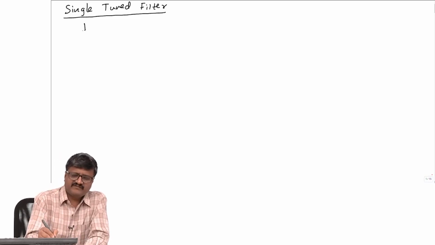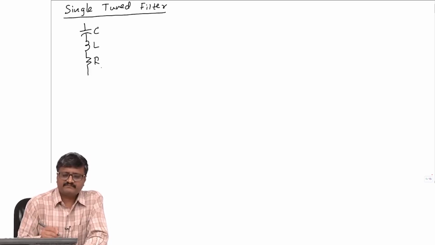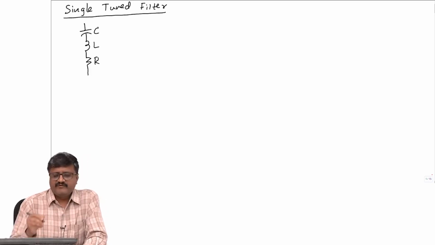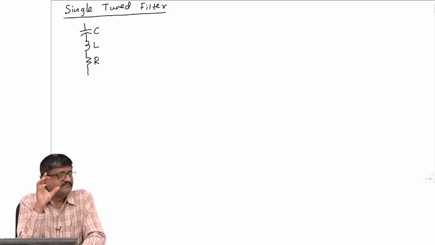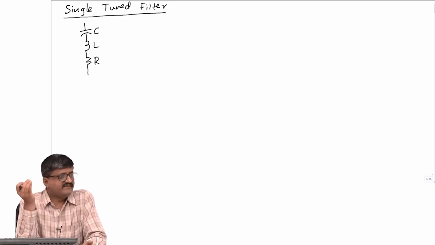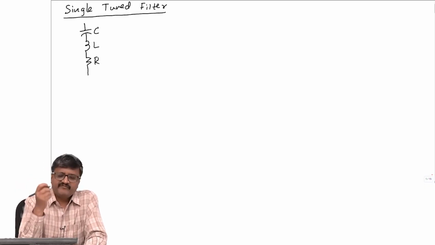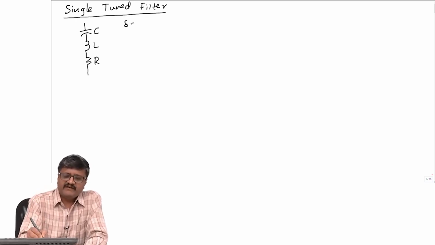So, it is a series combination of a capacitance, inductance and resistance, CLR. So, we saw that there are some situations where the values of L and C chosen may not meet the requirement. So, that is actually quantified by defining a quantity called delta.